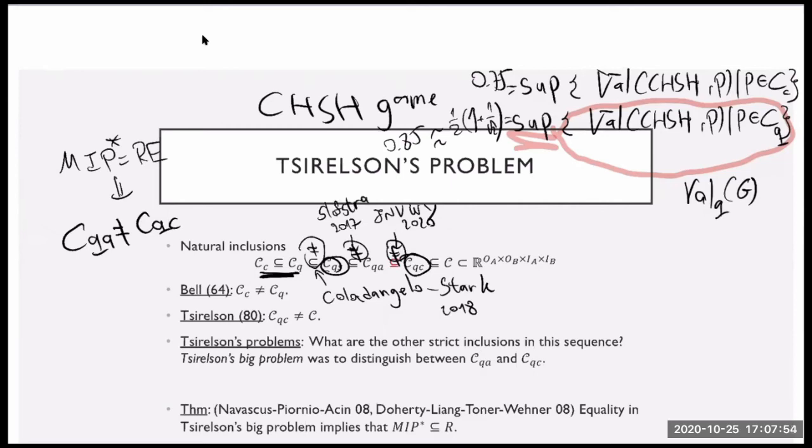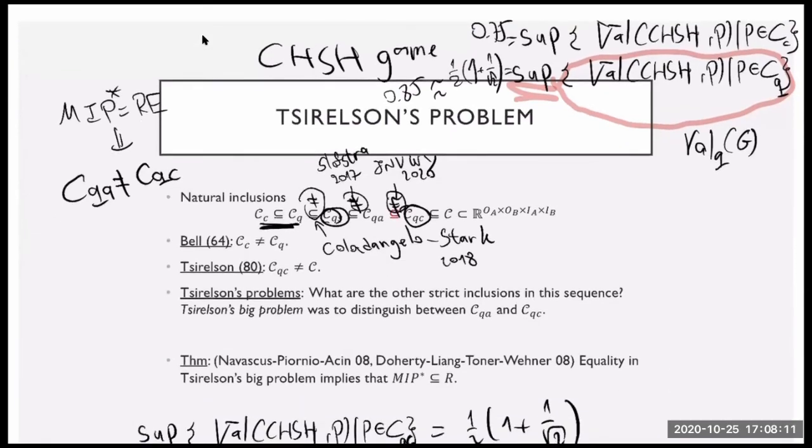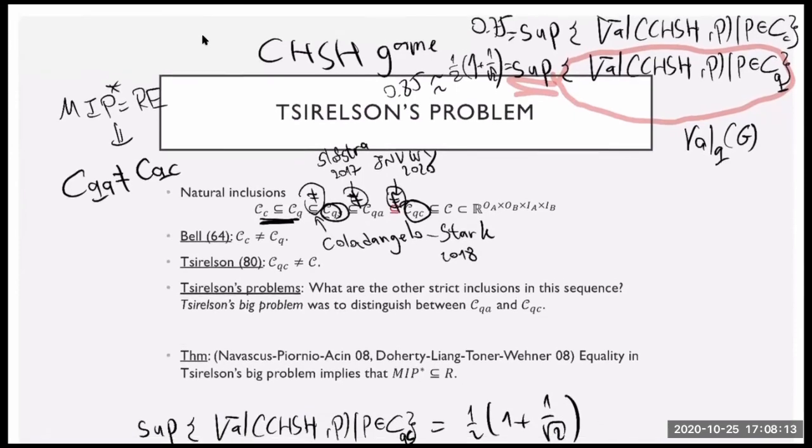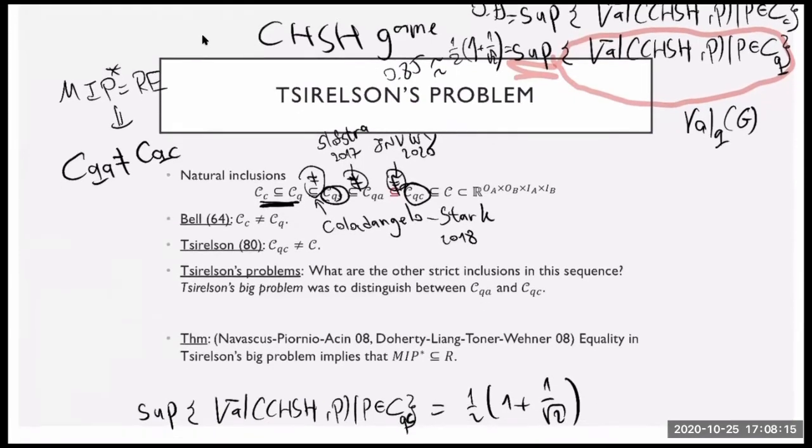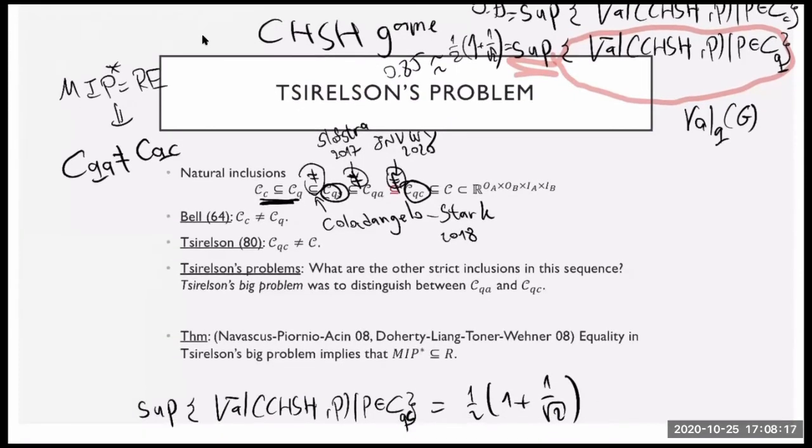But the other way around, the fact that this question is complete for RE, meaning that you can reduce the halting problem to this problem, is the work that Ji, Natarajan, Vidick, Wright and Yuen proved. Okay, let me explain what is the theorem downstairs, because this is not the actual theorem.